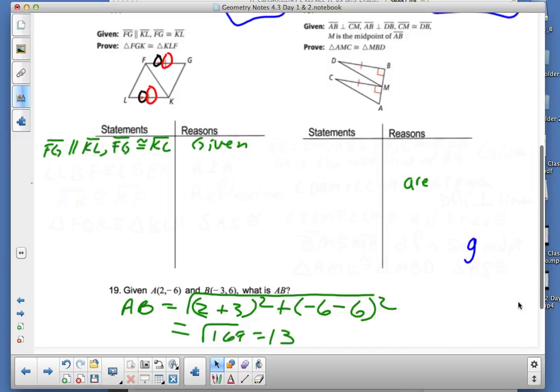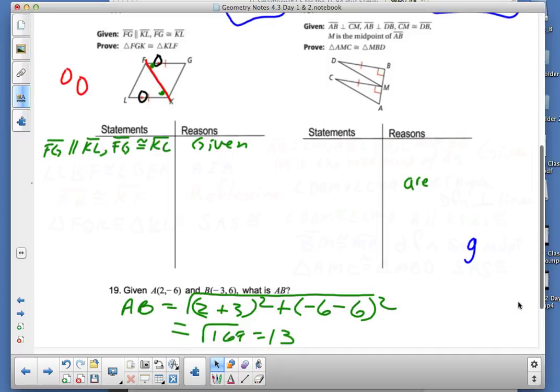Now, with that said, because I have parallel lines, I've got this angle and this angle congruent to each other because of alternate interior angles. And then I'm also looking at the idea that FK is reflexive. So that gives me side angle side to make these two triangles congruent.